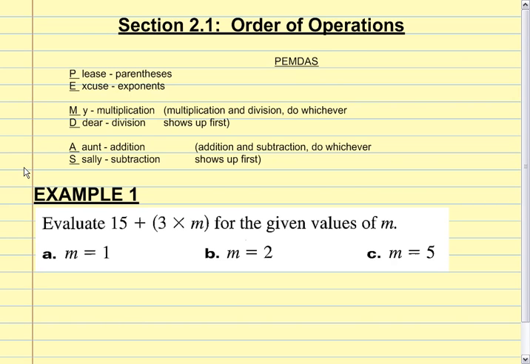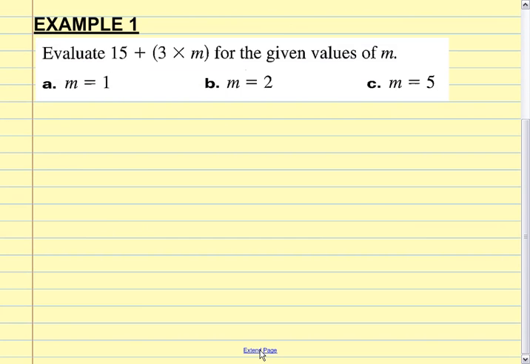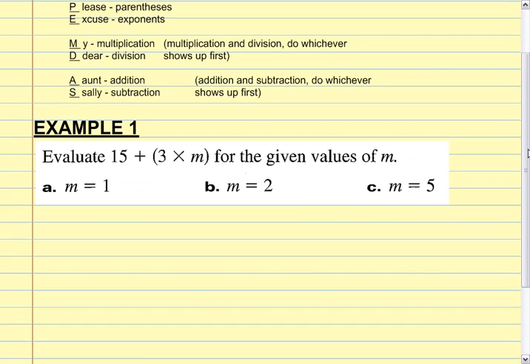Now let's look at this first thing. Example number 1 says evaluate. Oh, I'm sorry. Hang on. Don't panic. Evaluate. This word in math means two things. Number 1, plug in. I don't need a hyphen between them.